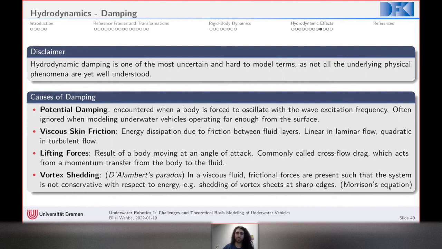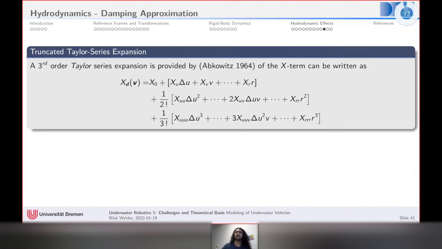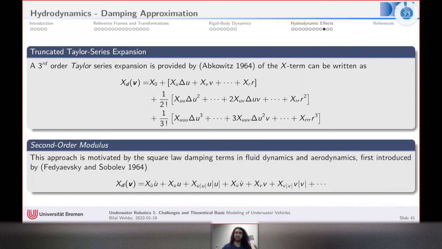If you like, you can read more about that, which relates drag to be a function of the surface area in the direction of the flow, and a certain coefficient of drag, which is a function of the Reynolds number, multiplied by the density of the fluid times the velocity by the absolute value of the velocity. So this is this quadratic term, and we have the absolute value just to preserve the direction of the force. These are two approximations that are used.